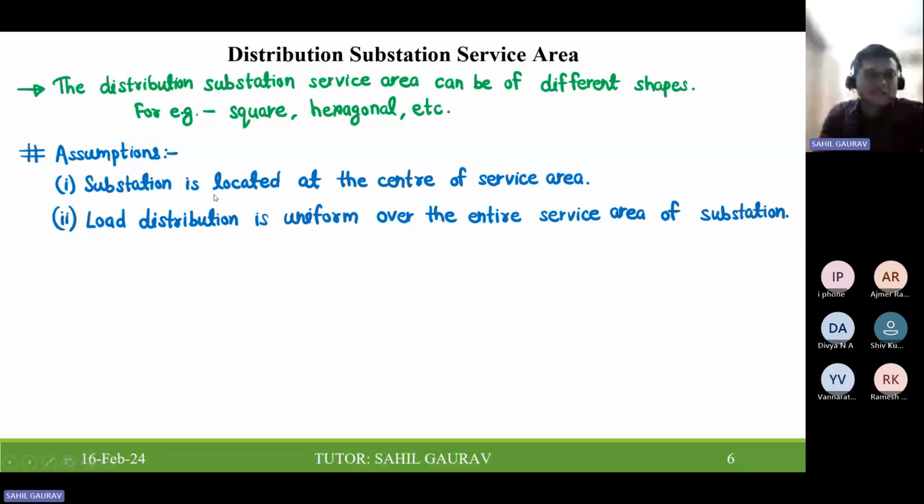We have considered that substation is located at the center of service area, and second assumption is that load distribution is uniform over the entire service area of substation.